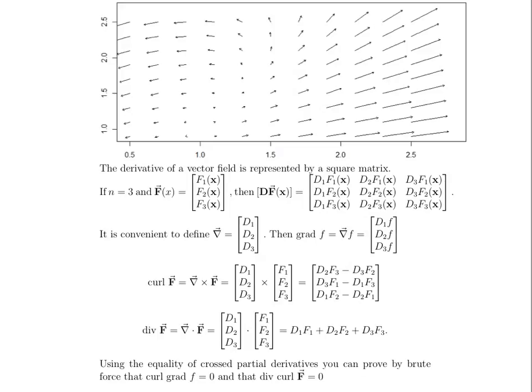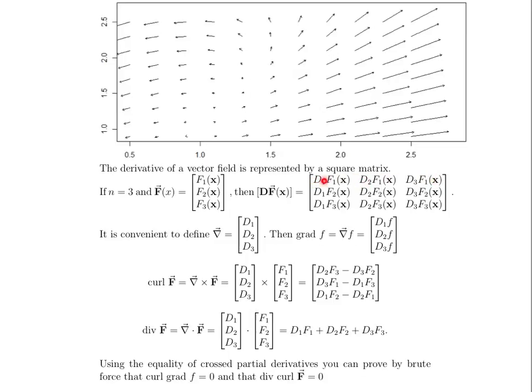Well, if we're dealing with 3 dimensions, say our vector field f has 3 different components here. These are called the component functions. Whenever I say component functions, I mean the function that governs the first component of the vector, the function that governs the second component, the third component, all the way down to the nth component. In this case, we only have 3. Then the derivative of this vector field is going to be, up here in this top row, we're only dealing with the first component function.